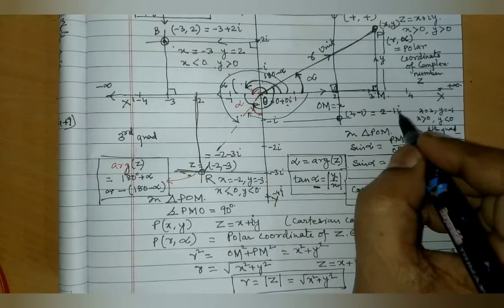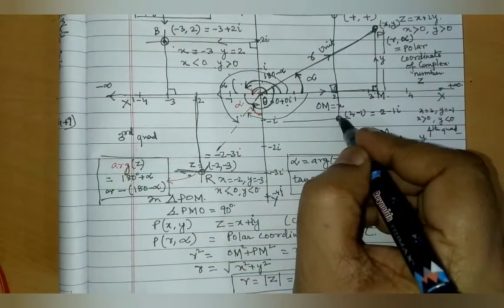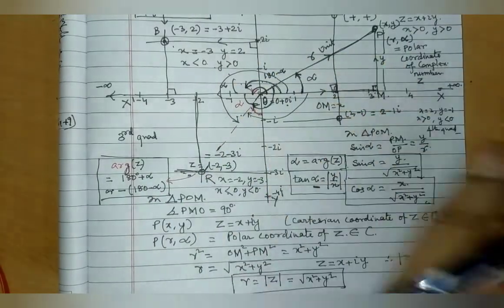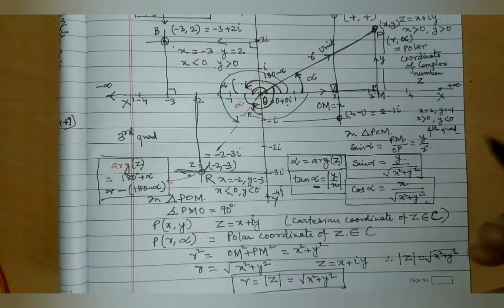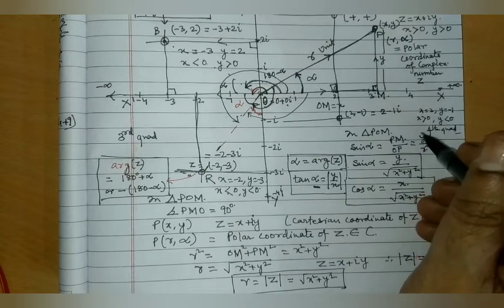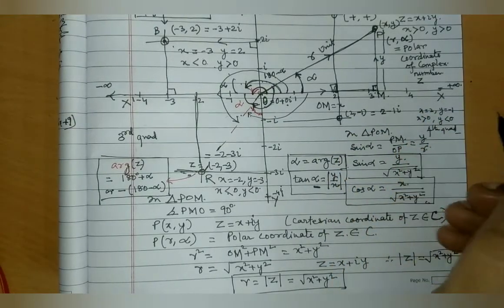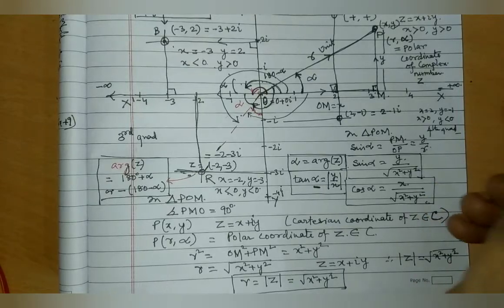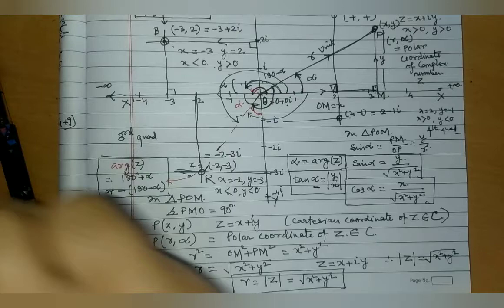If we join here, it will become a tedious type of work, so I am not drawing it here. I will only tell you what the argument of the complex number will be.